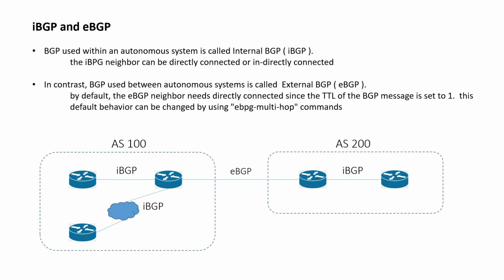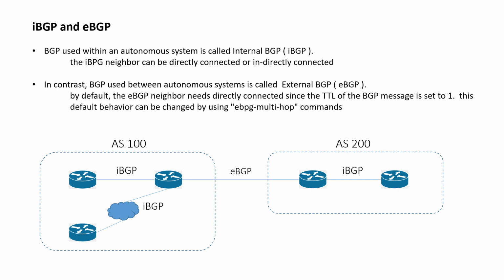Next we are talking about iBGP and eBGP. BGP used within an autonomous system is called internal BGP, denoted as lowercase i, capital BGP. iBGP neighbors can be directly connected or indirectly connected. In contrast, BGP used between autonomous systems is called external BGP, written as lowercase e, capital BGP.